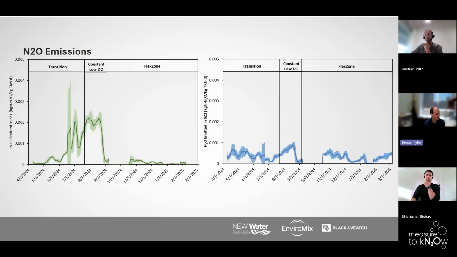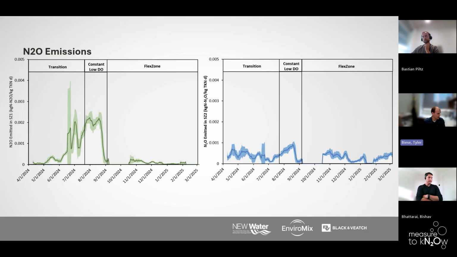This last slide has some results from the N2O probes we installed. The green graph on the left is from the results from subzone 1, and the blue on the right is the graph from subzone 2. As you can see, when we first installed the DO probe back in April of 2024, the N2O production was pretty low.